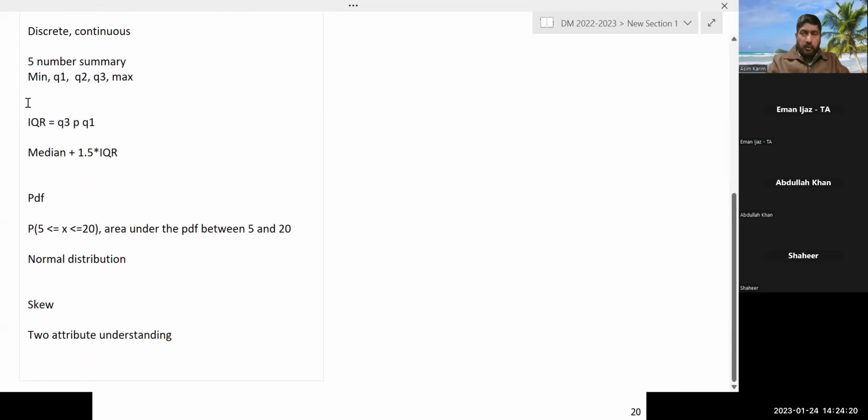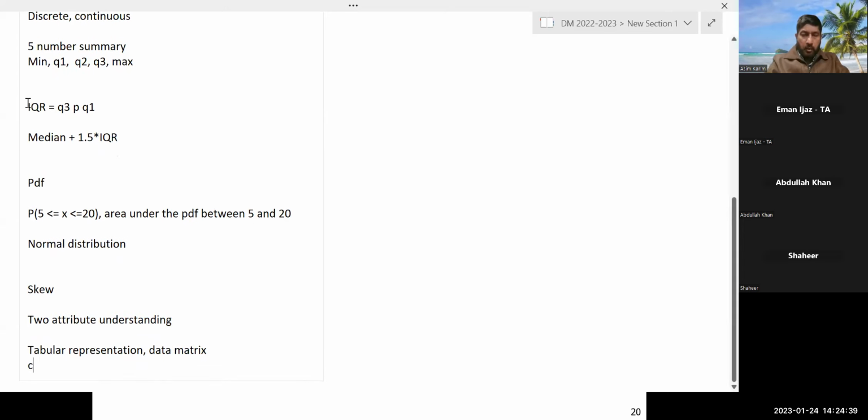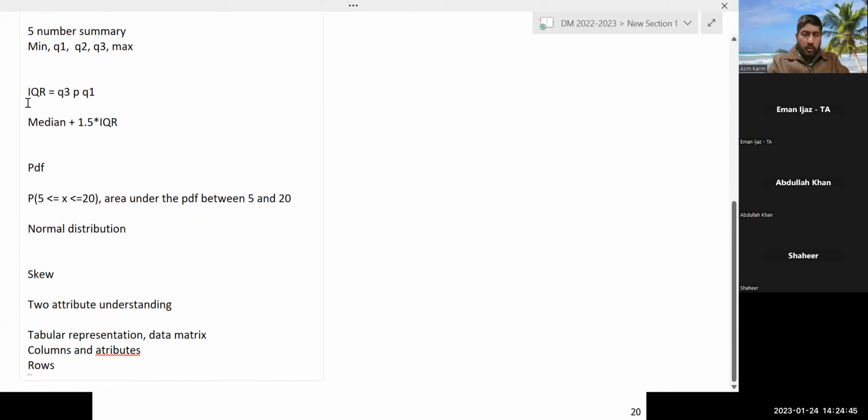I think I didn't do this last time. So the most common form of representation that we are talking about is the tabular representation, which in math is also a data matrix. So columns are attributes, rows are observations.